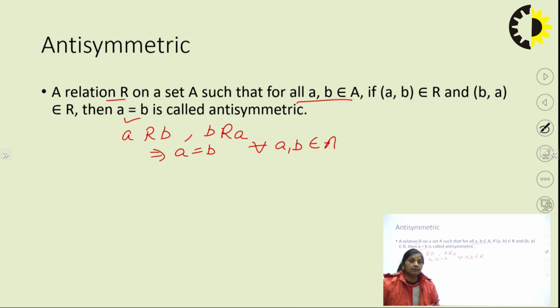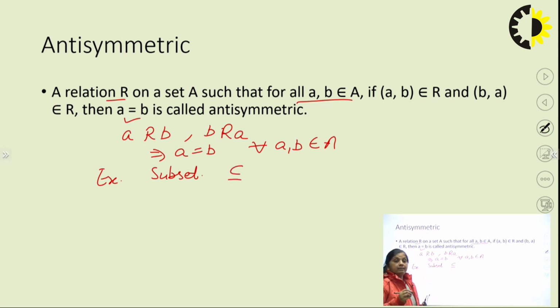So now let us understand the property of antisymmetry. Again, let me take the example of subset. What is the subset example? That is inclusion.